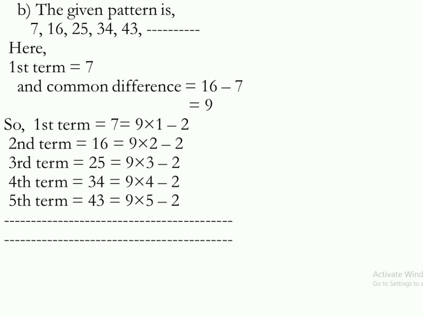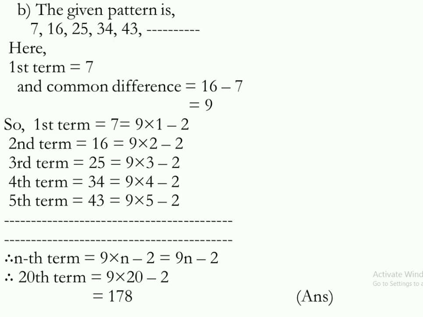So in this process, the nth number should be 9 into n minus 2, that is 9n minus 2. So that is the algebraic expression of the pattern. So the 20th number is found by replacing n by 20, that is 9 into 20 minus 2, that becomes 180 minus 2, which is 178. So that was the required answer for question number B.